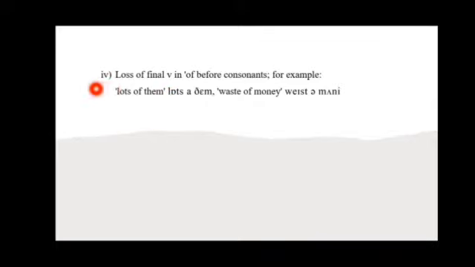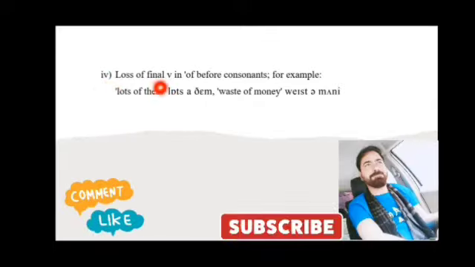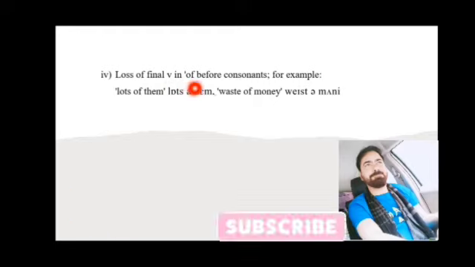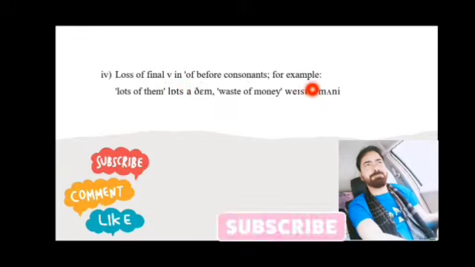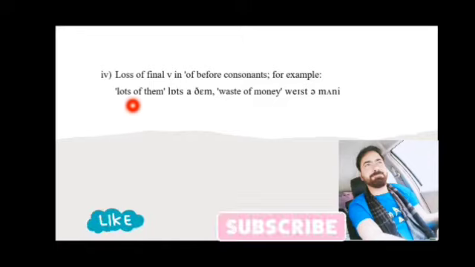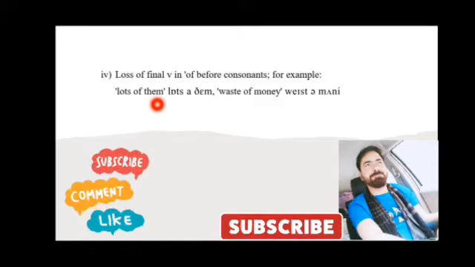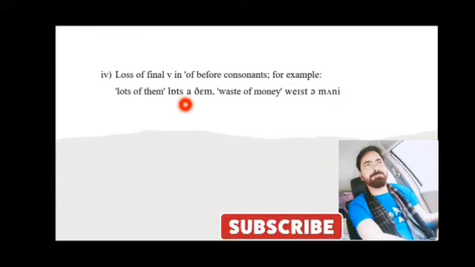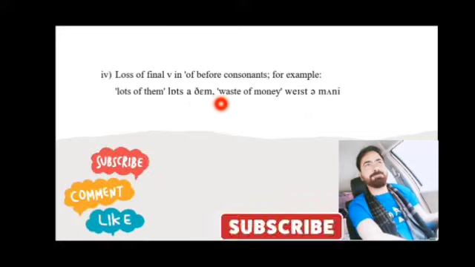Possibility or rule number 4: loss of final v in of before a consonant. For example, lots of them. In place of lots of them, we say lots a them. You can see here the sound v disappears. Similarly, waste of money.